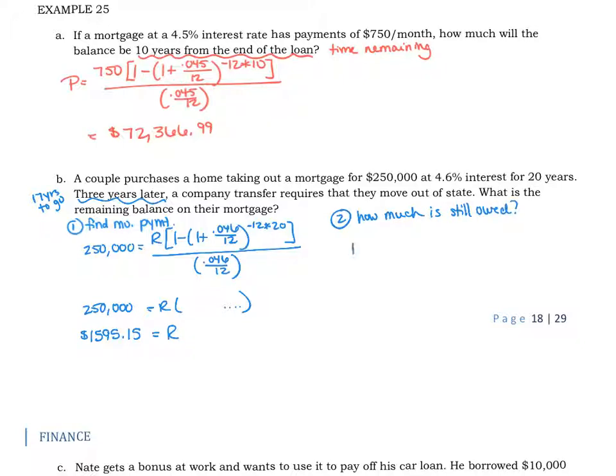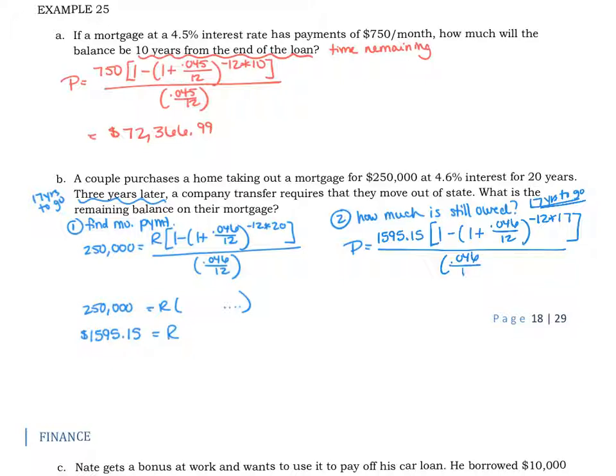So what we're going to do is figure out what is that principal amount that they owe. We know their regular monthly payment amount is $1,595.15. It's still at 4.6% interest, but now remember, we're down to 17 years of payments. 17 years to go. So we're talking about 17 years worth of payments, 4.6% interest, still at those 12 months.